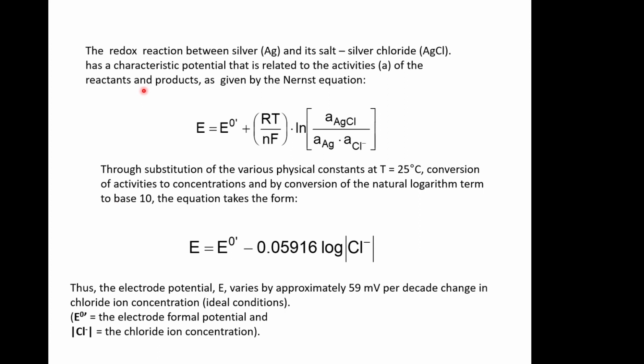So I'm not going to go into the details of this, but there's a reduction oxidation reaction between silver and its salt, silver chloride. And so what we're actually measuring is the potential of this reaction, and you can see here that there's a reaction rate depending on silver chloride and the concentration of silver and the concentration of chloride.